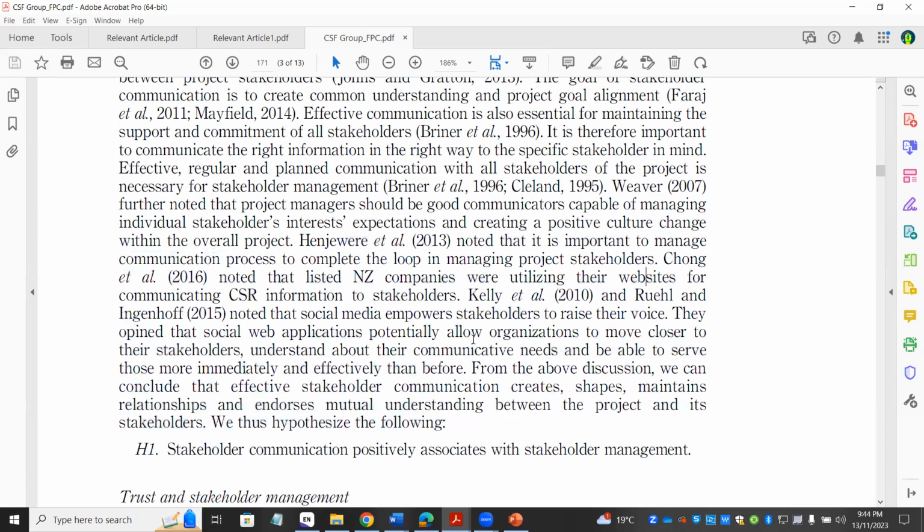After explaining all these things that other people said, they said from the above discussion, we can conclude that effective stakeholder communication creates, shapes, maintains relationships, and endorses mutual understanding between the project and its stakeholders. We therefore hypothesize the following: stakeholder communication positively associates with stakeholder management.